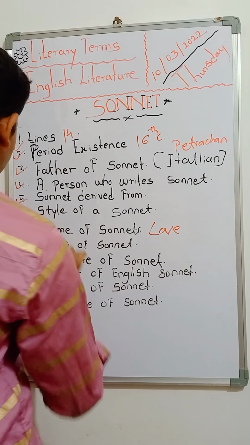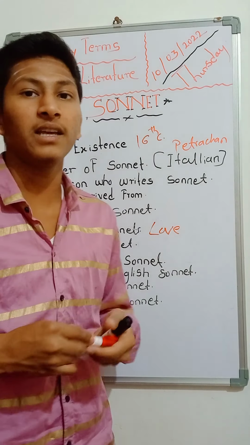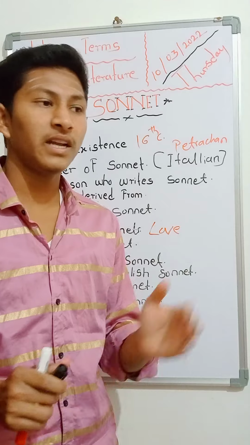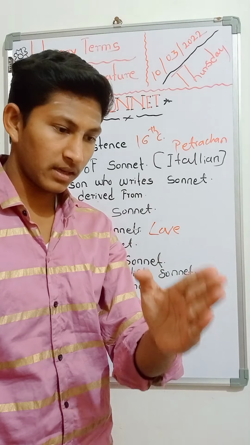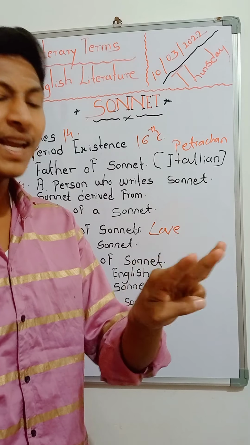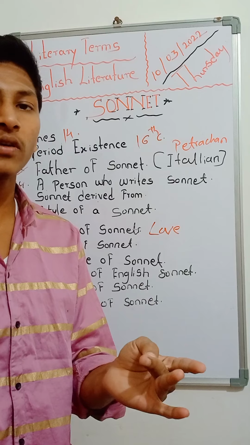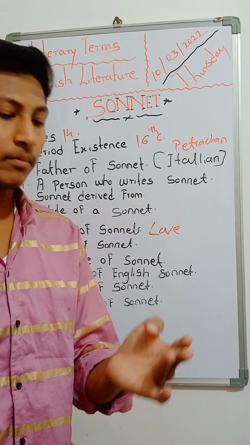Types of sonnets. There are two types of sonnet: Italian sonnet and English sonnet. Italian sonnet has 3 other names: Petrarchan sonnet, classical sonnet, and Miltonic sonnet.